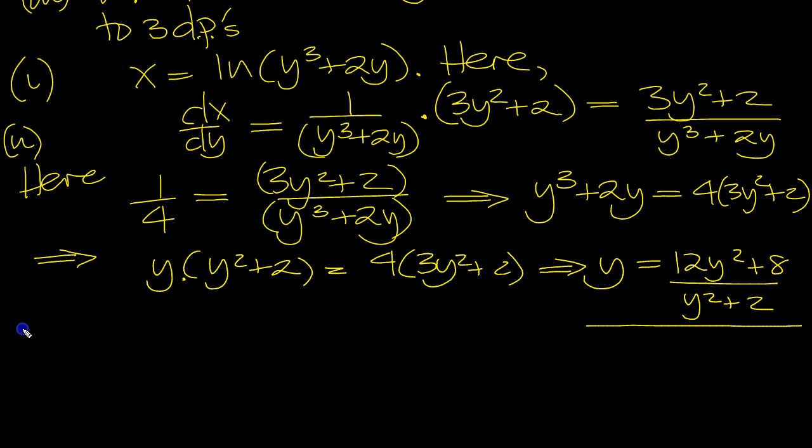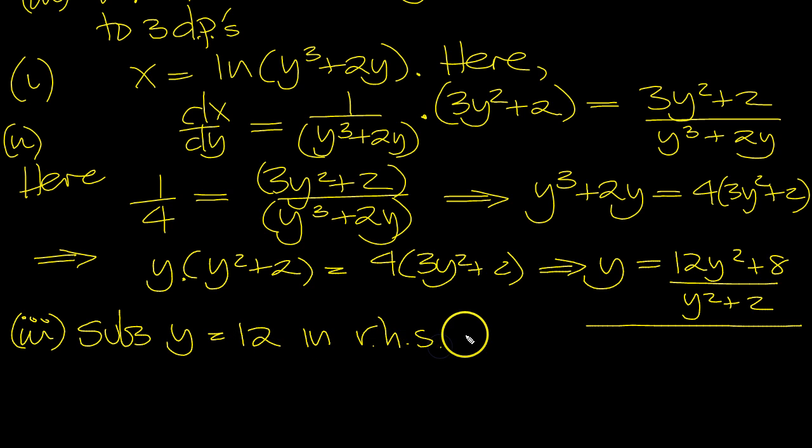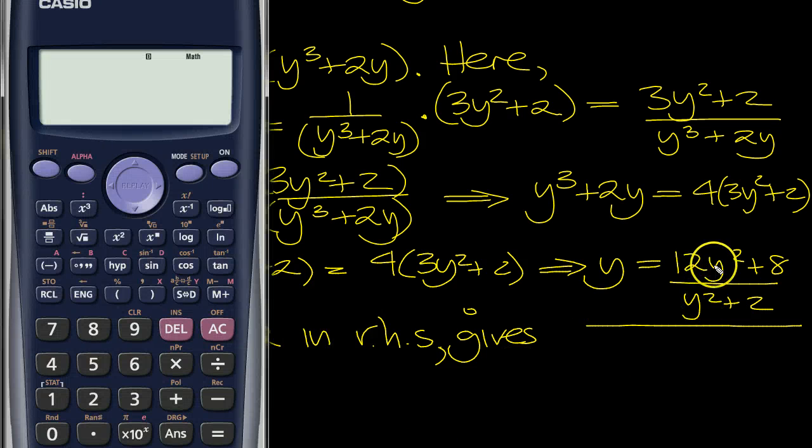So part 3, substitute y equals 12 into the right hand side repeatedly, which gives, so let's see what we get then. y is equal to, so we'll do it repeatedly. Here's our calculator. We're going to sub in 12, so it's 12. Let's do equals, and that's the answer, right?